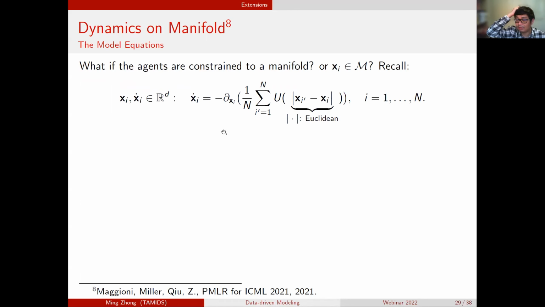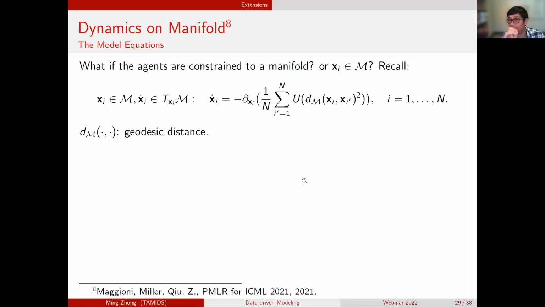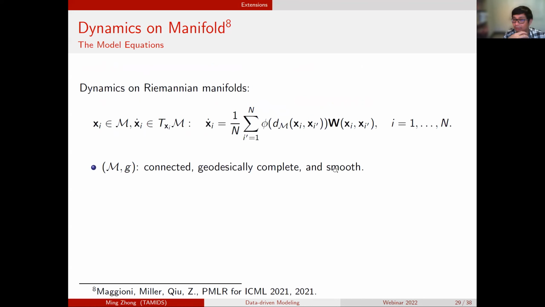So my original first order system, I need to change that, because the pairwise potential depends on the Euclidean distance between each state, but my state now lives on a manifold. I cannot do that anymore, so I need to replace it by a geodesic distance. And because of that, I need a really nice manifold with Riemannian structure, because without the Riemannian magic, we will not be able to compute the geodesic distance.